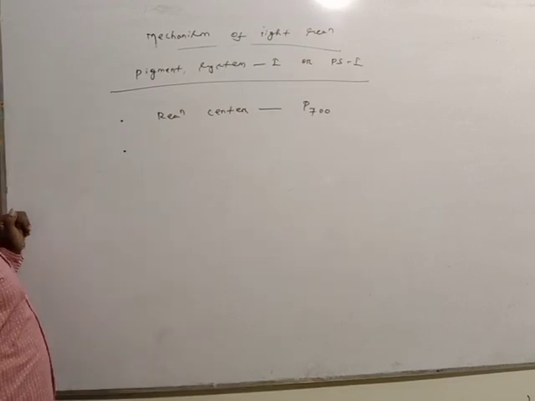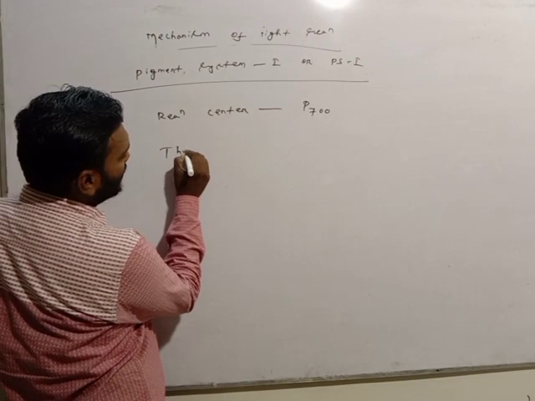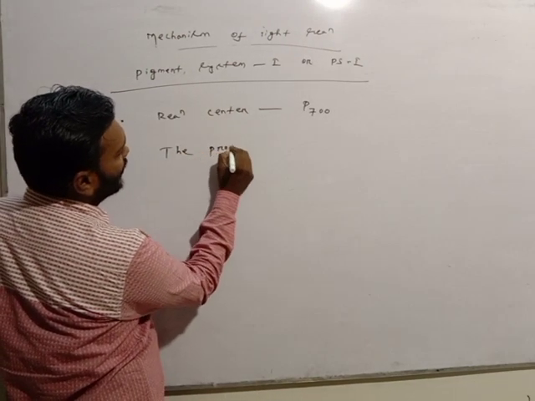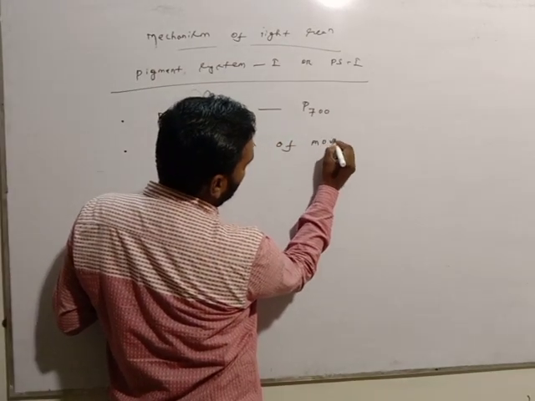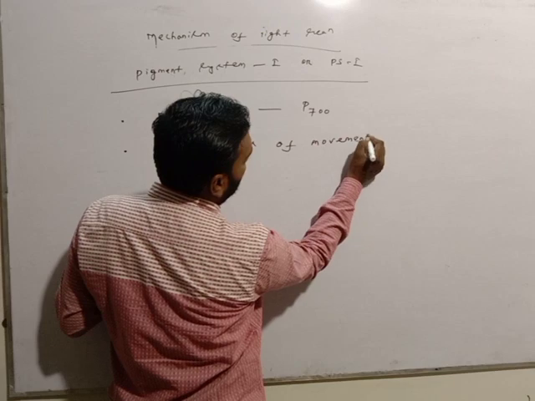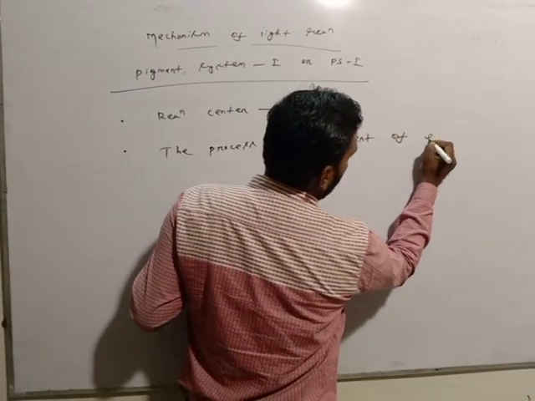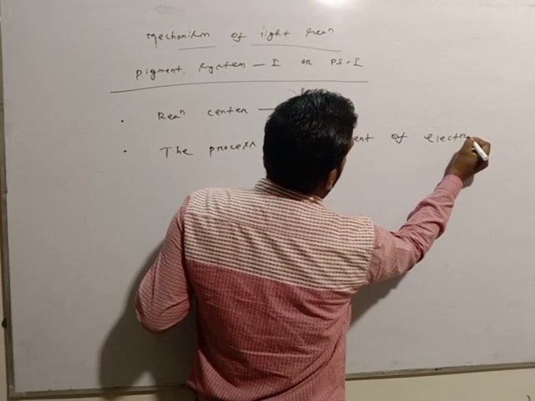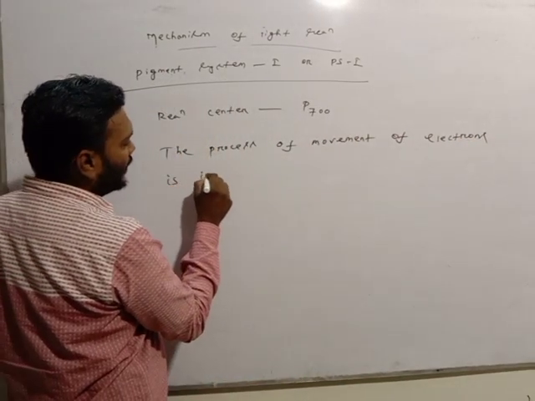Then in pigment system 1, the process of movement of electrons is in a cyclic manner.